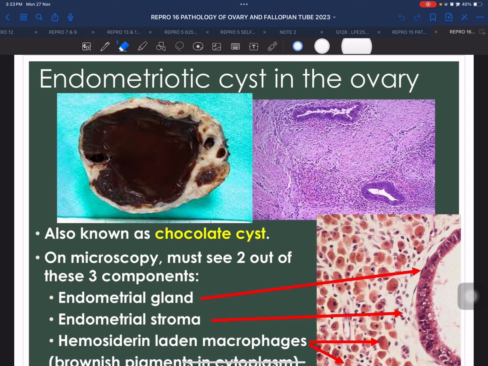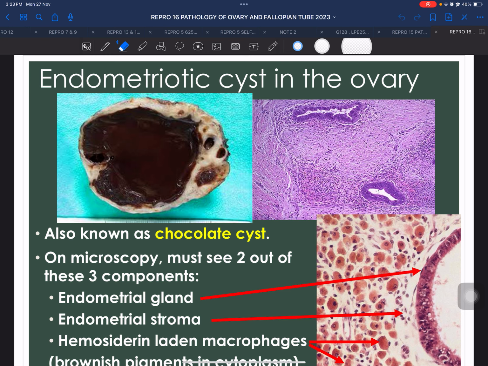These are called hemosiderin-laden macrophages. They are engulfing the byproducts of RBC breakdown. Okay, so hemosiderin. Right, so these are hemosiderin-laden macrophages. So it's either you have the endometrial glands and stroma, as well as the hemosiderin-laden macrophages.